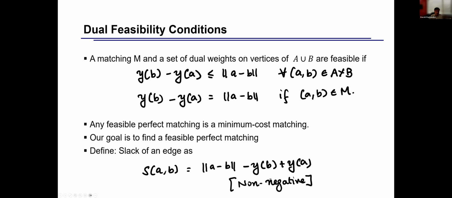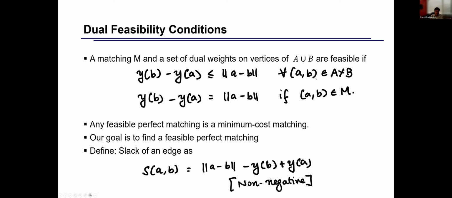If you want minimum cost matching, typically the way it works is you maintain a set of non-negative weights on the points and maintain a matching that we call feasible. So a matching and a set of dual weights are feasible if these conditions are satisfied. I'm going to go through these conditions, but also give a geometric visualization of them. Okay. So the property of the weights that we assign should be the following.